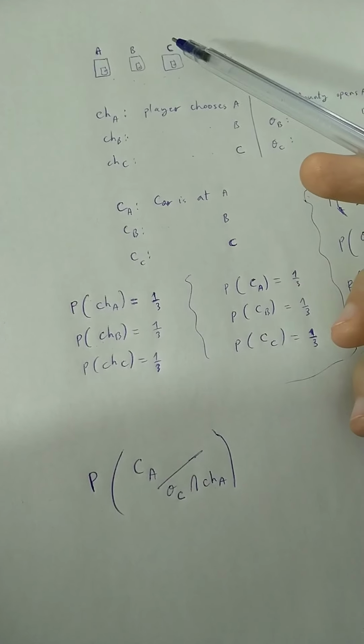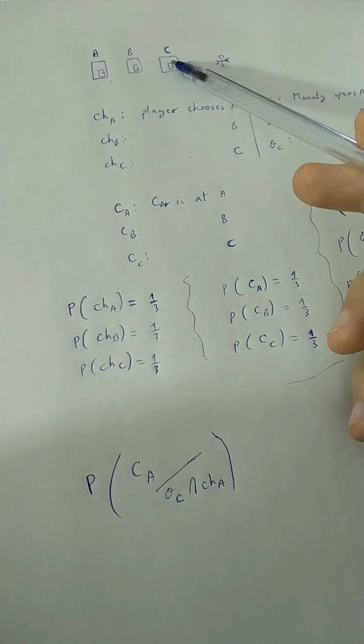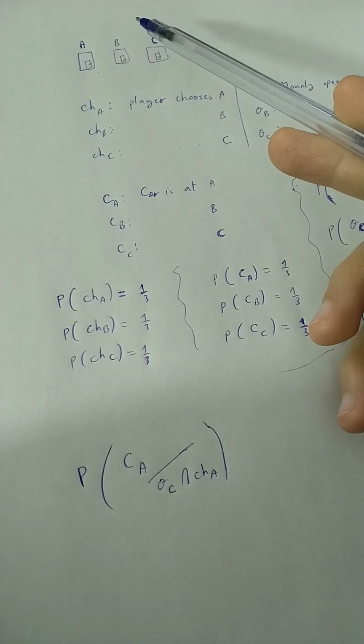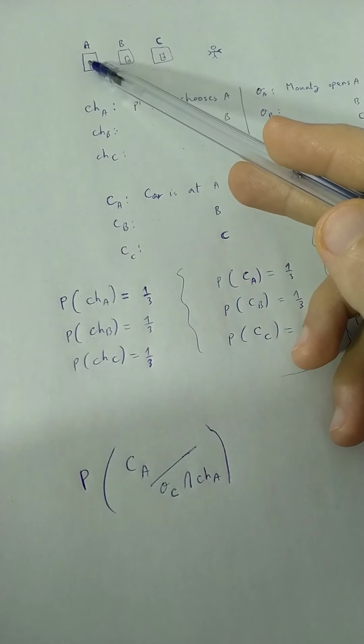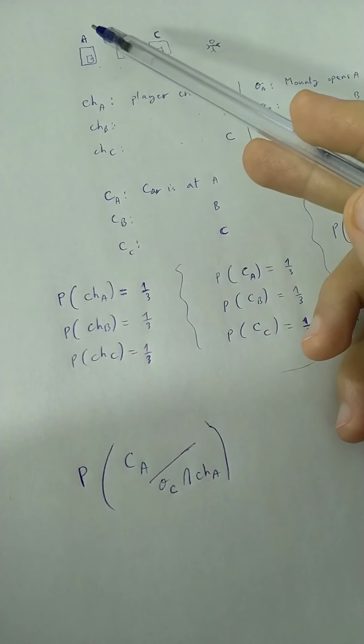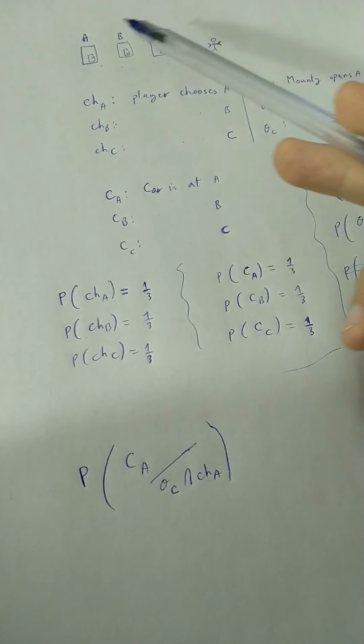What is the probability that the car is here, such that Monty opens this, and you've chosen this?